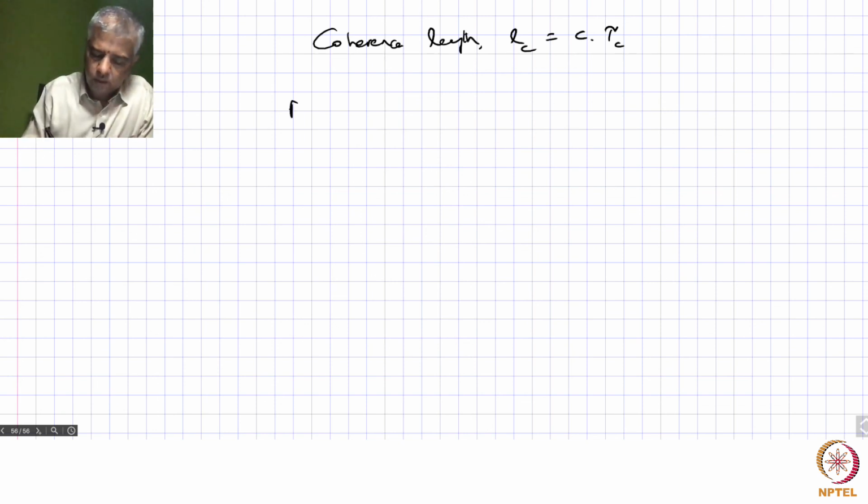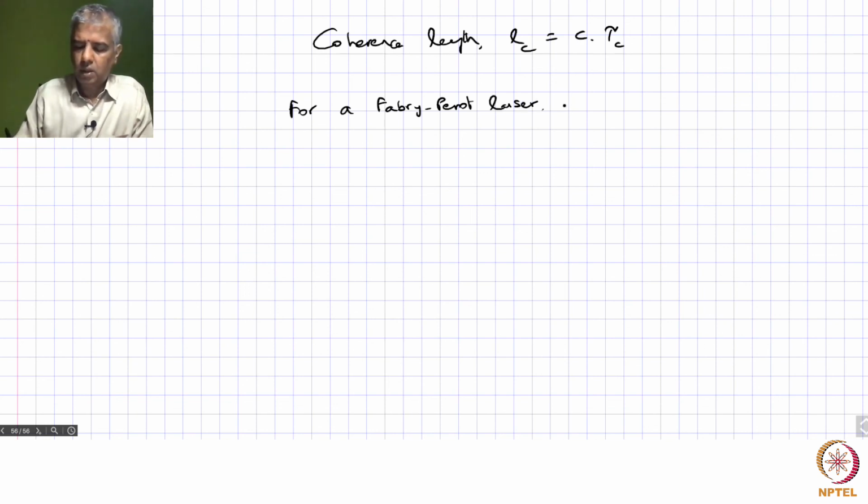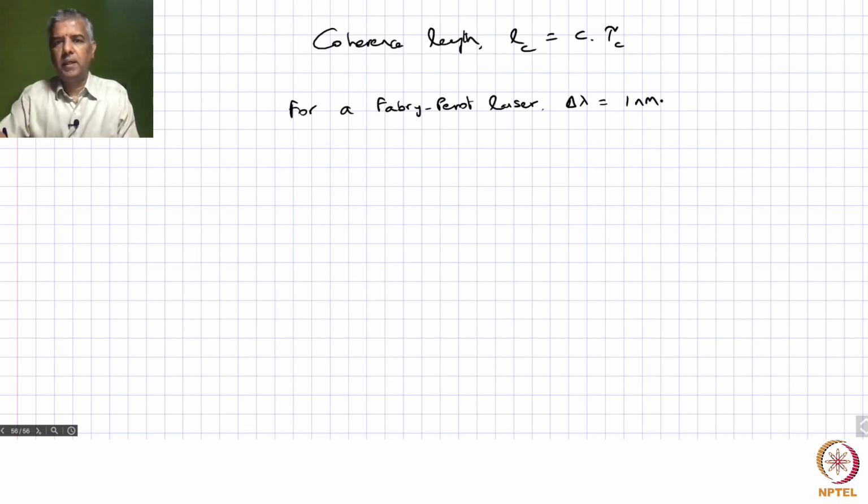So for a Fabry-Perot laser, which has delta lambda in the order of 1 nanometer, okay, for a Fabry-Perot laser, delta lambda equals 1 nanometer.